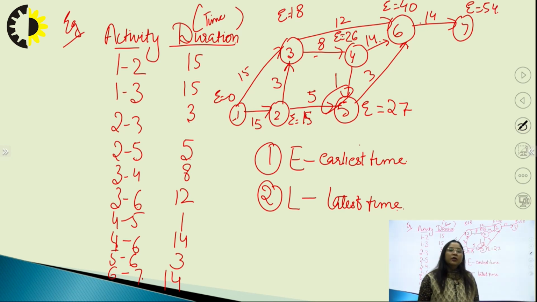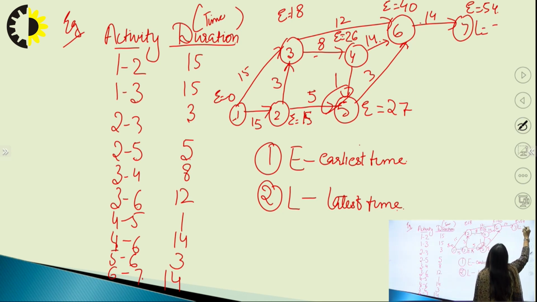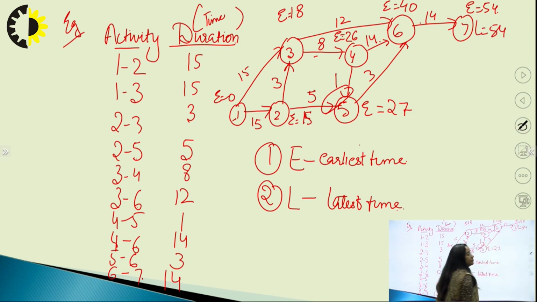This is known as the forward pass method. In the forward pass method, where there are 2 nodes meeting at a point, we will take the value which is maximum. Now with the help of the backward pass method, we will find out the latest time. So it is the maximum time, L is equal to 54 over here.